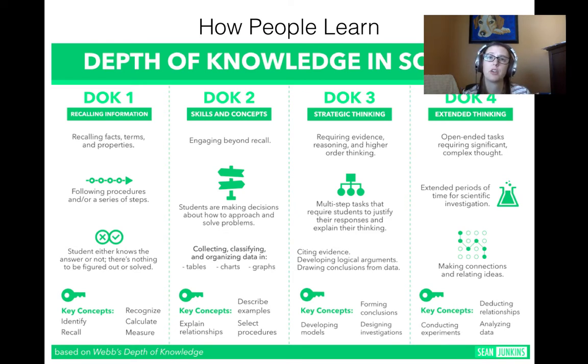It often requires multi-step tasks. You have to draw conclusions from the data. The highest level is the extended thinking. You understand a topic so well that you can do open-ended tasks that require very complex thought. You might be able to design your entire experiment from beginning to end. You can make connections outside of what you may have originally thought of.